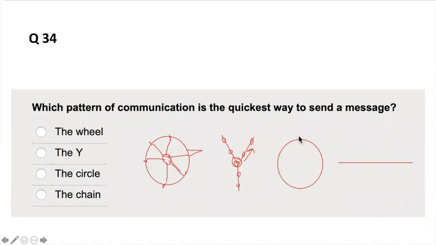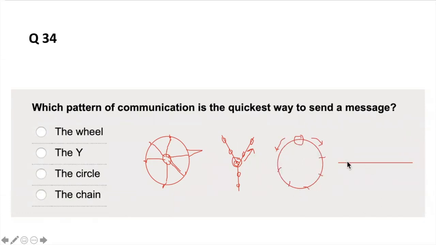The third, the circle, the leader could be right here, but even if you communicate this way or the other way around, in terms of the people sitting in this circle, by going around, they don't communicate directly with the leader. So every person is communicating with the other people. That means there's no direct communication with the leader, which takes more time to get through.